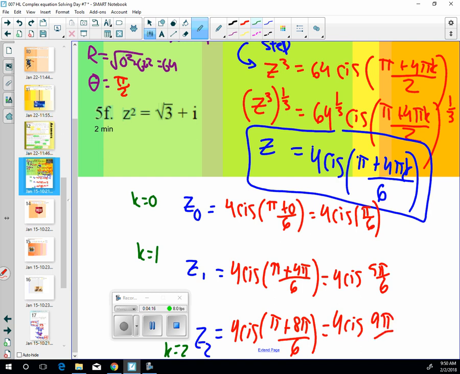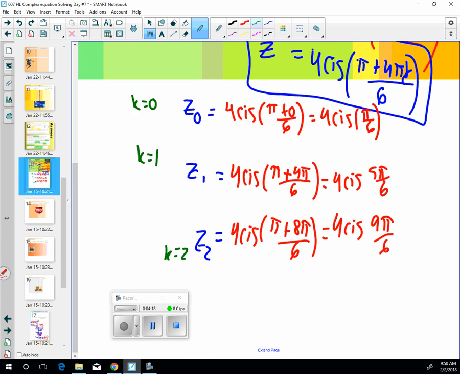Now, on the test for IB, these look great. Are they between negative pi and pi? These two are awesome. This one, not so good. So we need to subtract 2 pi, and 9 pi over 6 minus 2 pi is just what?